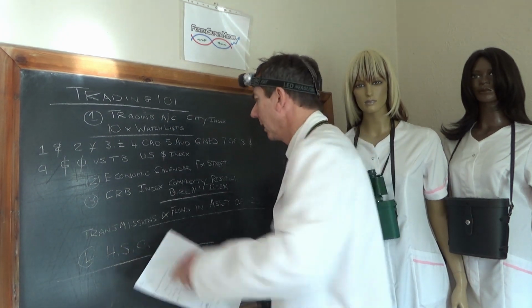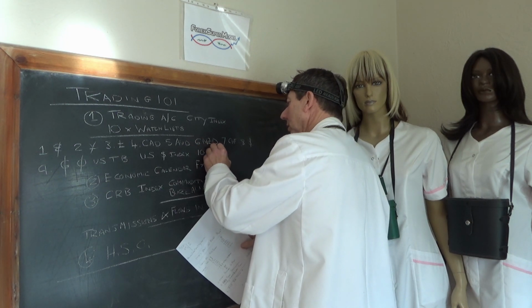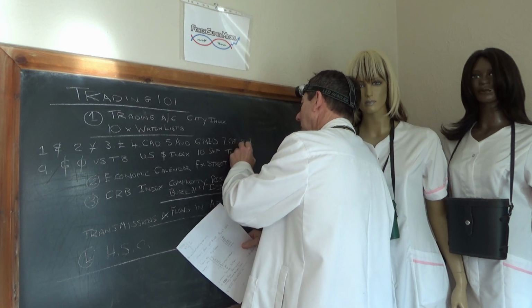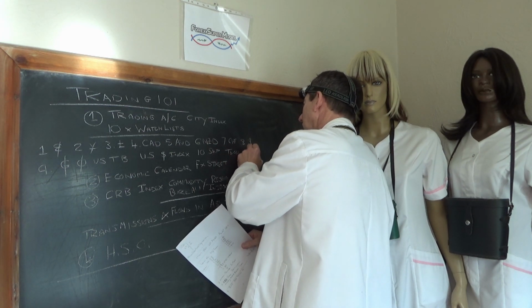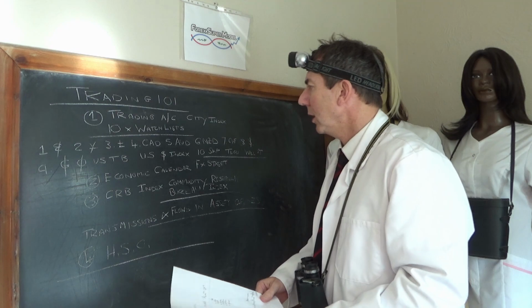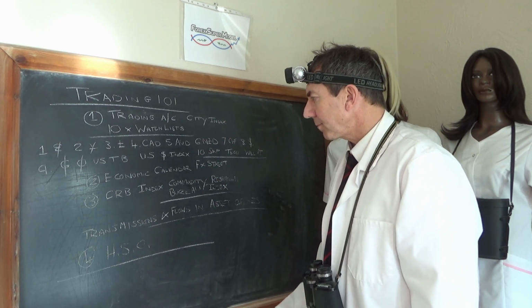Watch list 10 would be equities, so it would be S&P 500, the tech, and Wall Street, or Dow. But we'll show you that in a minute anyway. So you've got your trading account, you've got your 10 watch lists.